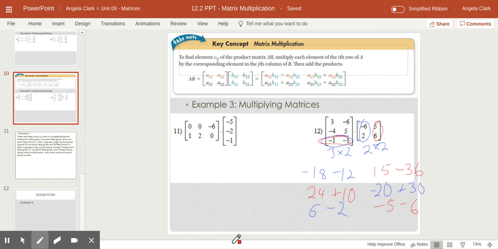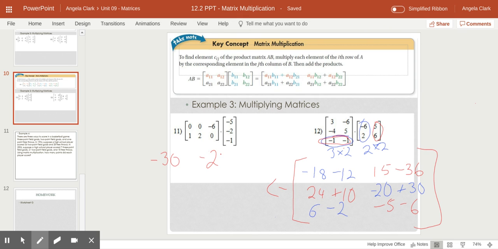I just need to simplify. So I'm going to go this direction. So I have negative 18 minus 12 is negative 30. 15 minus 36 is negative 21. Yep.